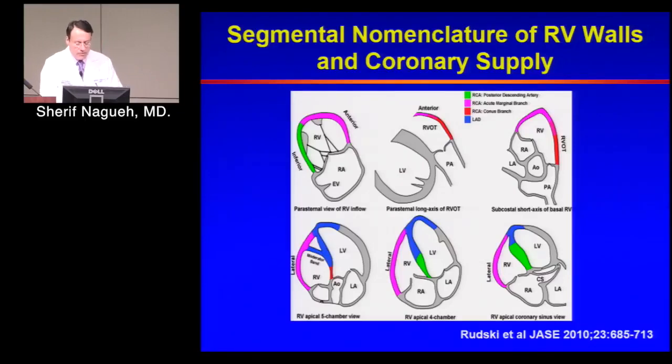Most of the interventricular septum, the inferior interventricular septum, gets its blood supply from the posterior descending artery. The very distal part of the septum, though, gets its blood supply from the LAD, and you are all familiar with LAD infarcts, where these segments can be hit to a variable extent depending on how much of that area gets its blood from the LAD versus from the posterior descending branch.